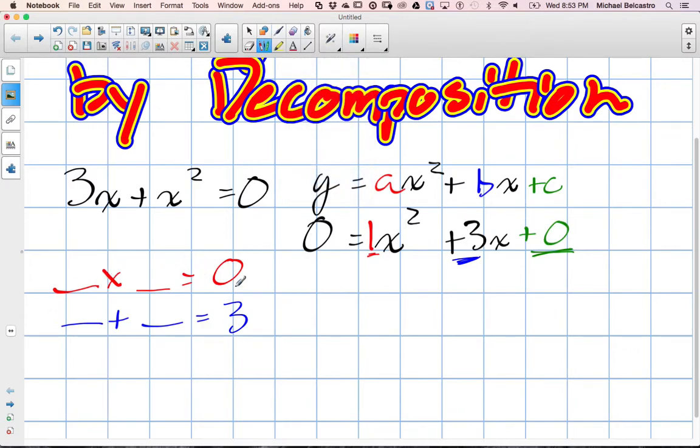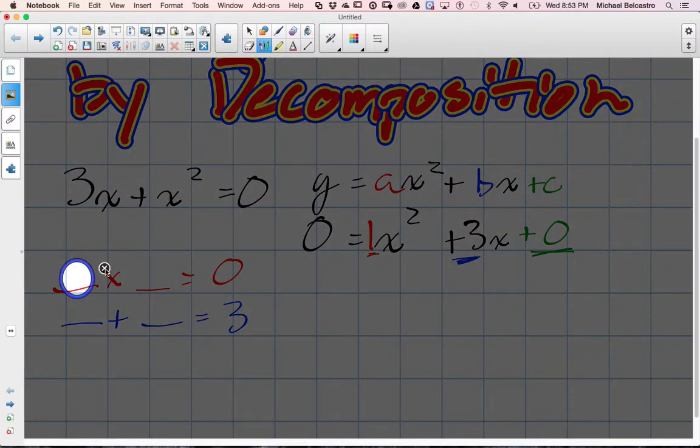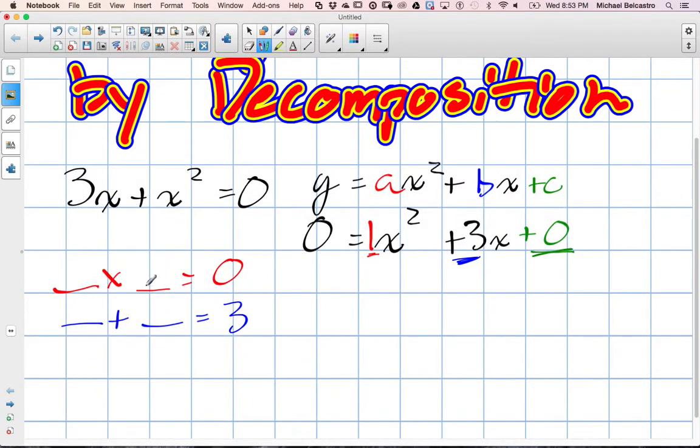This is a little tricky. Normally we look at factors of this number, but the factors of 0 are infinite. One of the numbers is going to be 0, that's for sure. I can multiply 0 by any number, so there's an infinite number of solutions here. This is the rare occasion where we go to the addition.